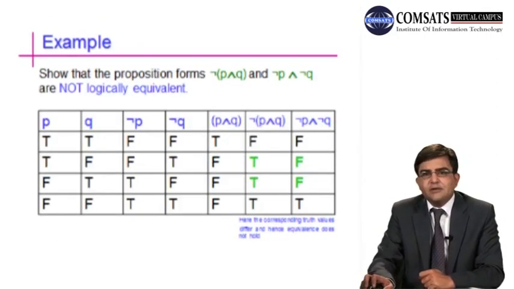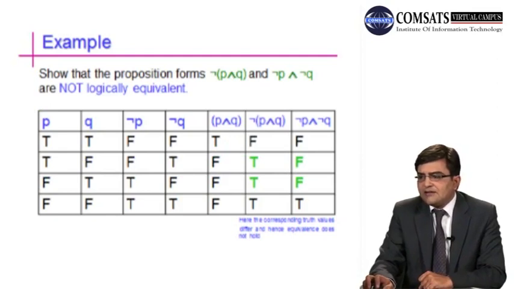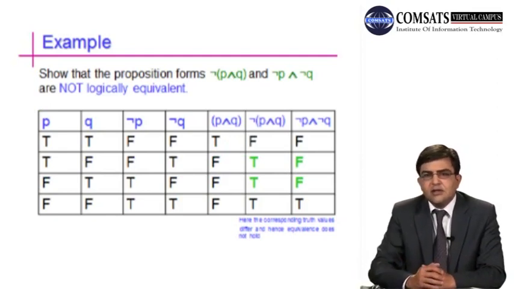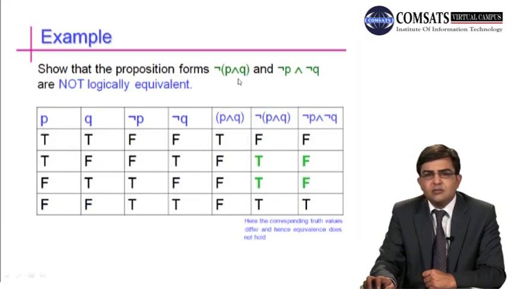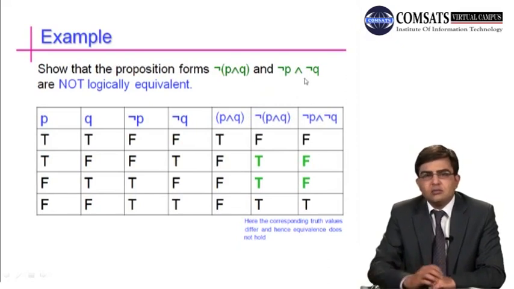If we take another example, in this example we will show that two compound propositions are not logically equivalent. For example, if we have this compound proposition not P and Q, and the other compound proposition is not P and not Q, we'll show by using a truth table that these two compound propositions are not logically equivalent.